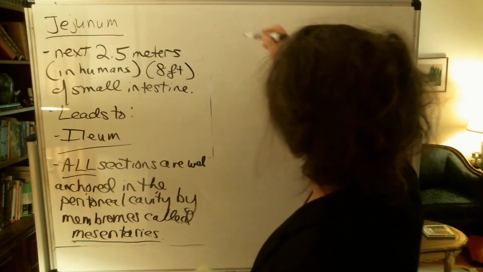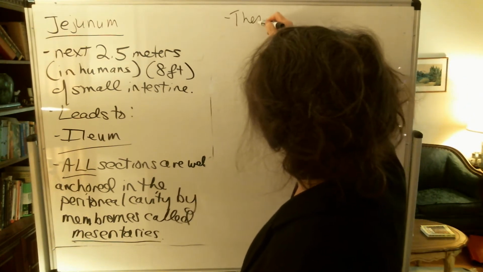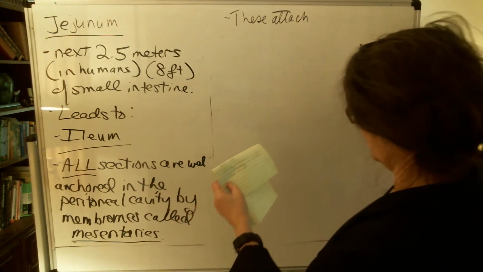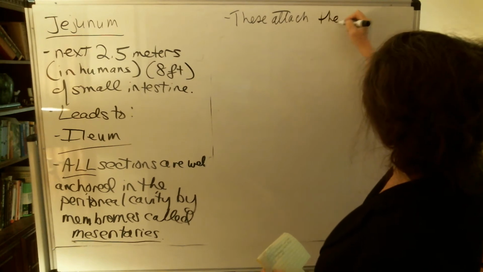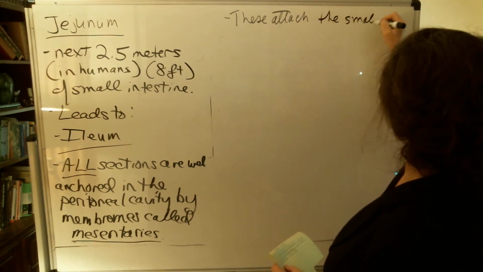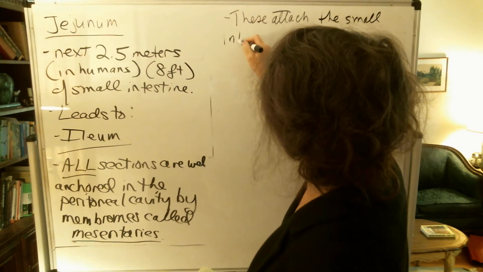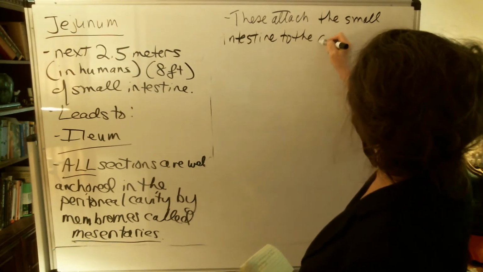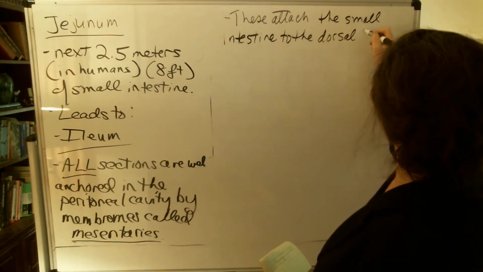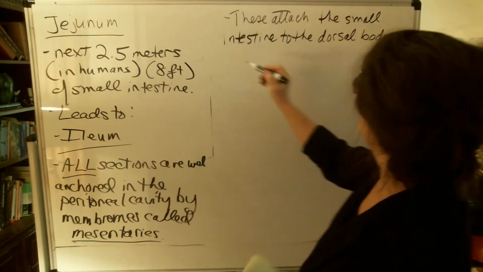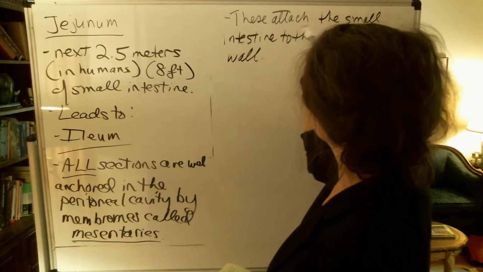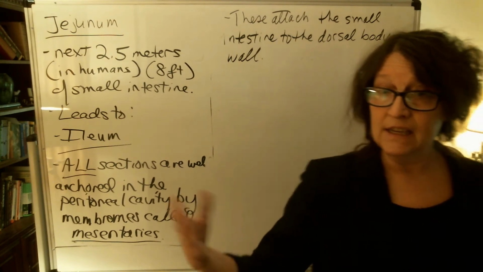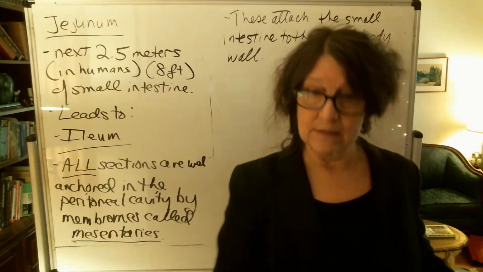And what they do is that these attach the small intestine to the dorsal body wall. Now you remember that dorsal means towards the back. So what this is saying is that you have all of these guts.